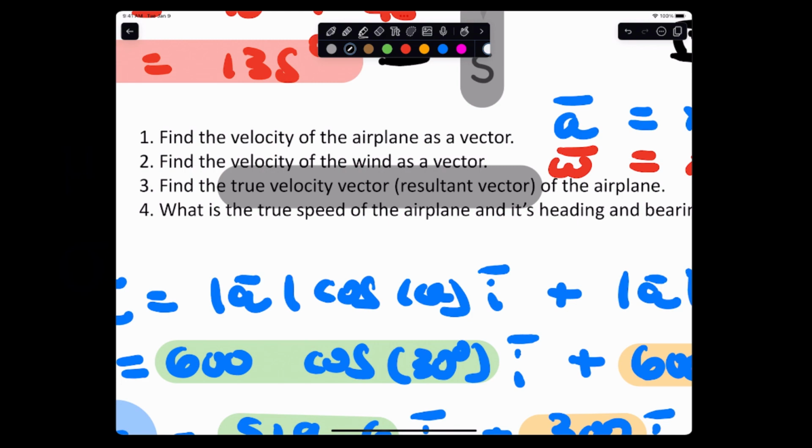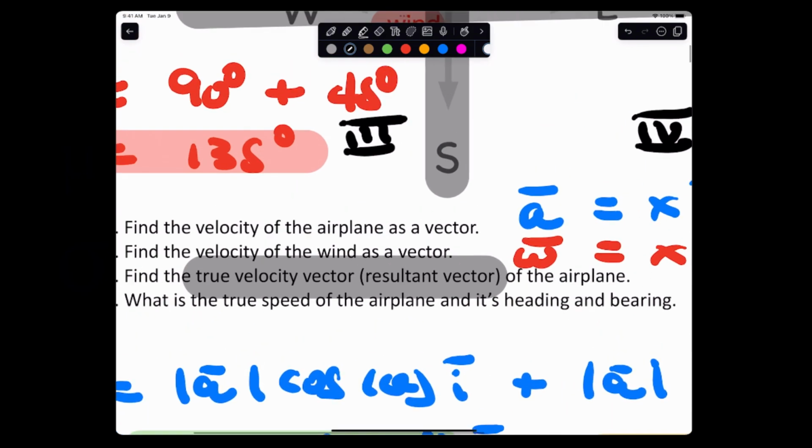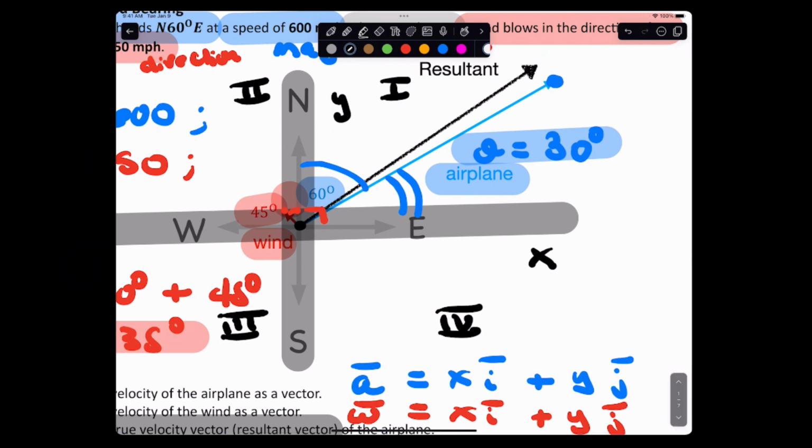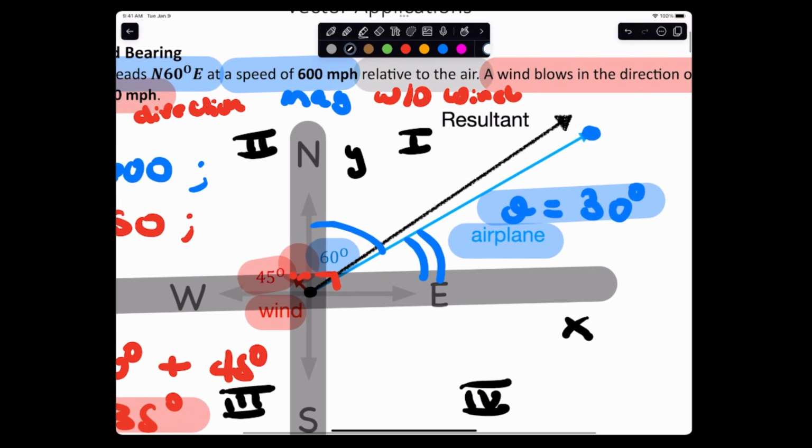If you guys don't know, the wind can be thought of as a force acting on the airplane. So you're thinking of this as an airplane force and a wind force acting on it. Isn't the wind pushing the airplane? The answer is yes. So if the wind pushes the airplane, isn't that shifting the airplane?